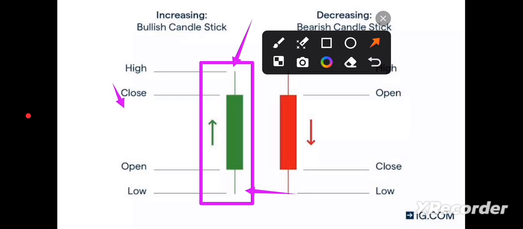It has an opening price here and the closing price above. The bullish candlestick always opens from below and goes up. The candle opened from this side, came down to this level, and then shot up again, got to this high, was rejected and closed at this particular area.